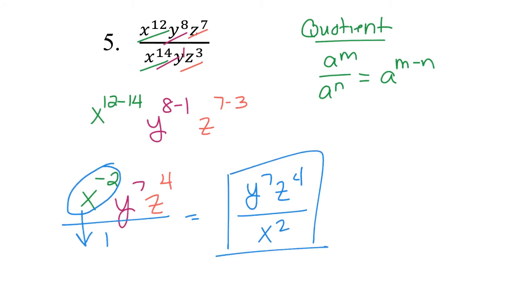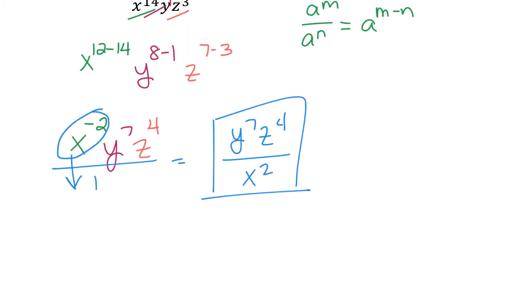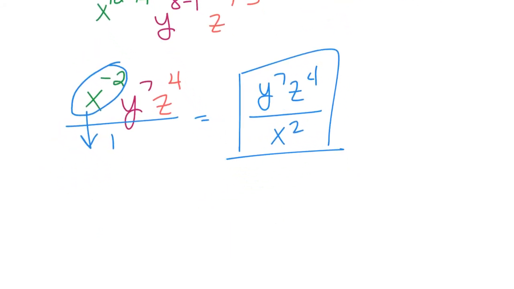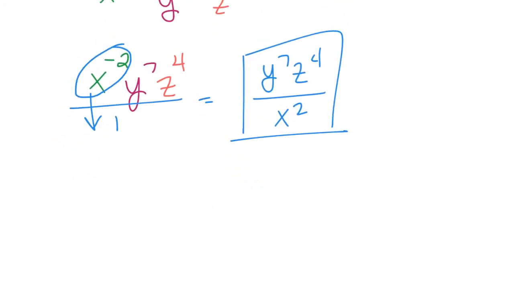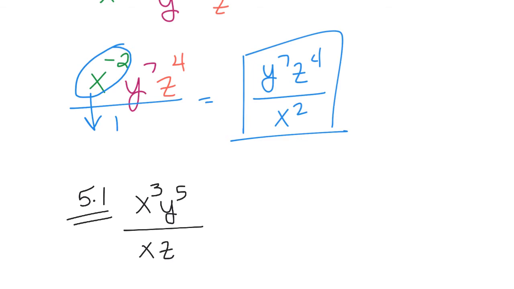Now, as a little side note, if there is not a variable in both top and bottom, so if we have this example here, let's just say I'm going to call this 5.1. If we have x to the third, y to the fifth over x z, for example. If I try to use my quotient rule, I see that there's x to the third and an x.